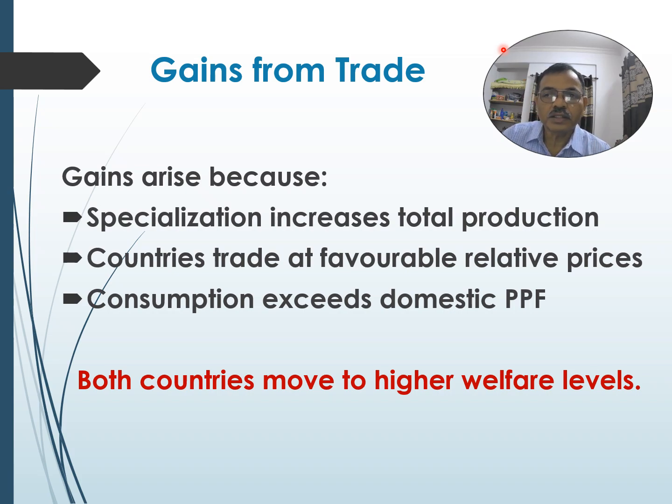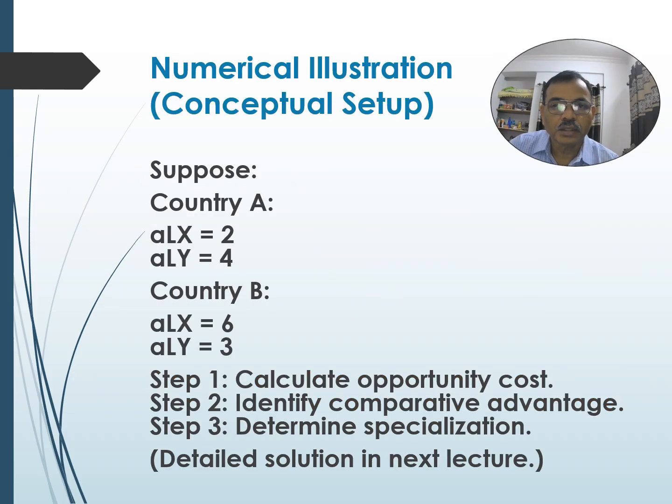To understand this clearly, we often use a numerical example. Suppose country A has ALX equal to 2 and ALY, that is the input requirement for producing good Y, equal to 4.